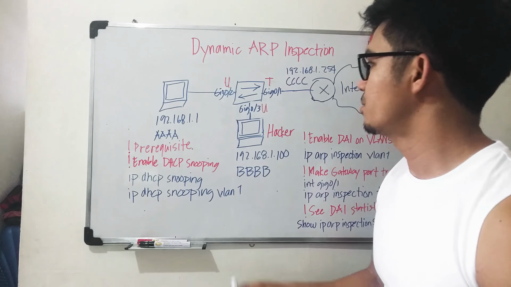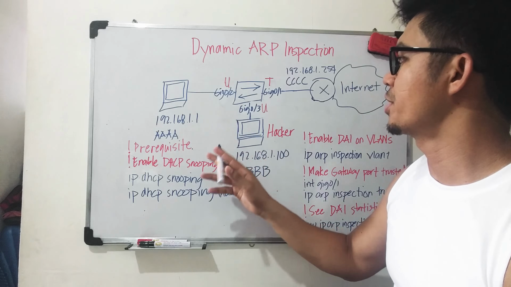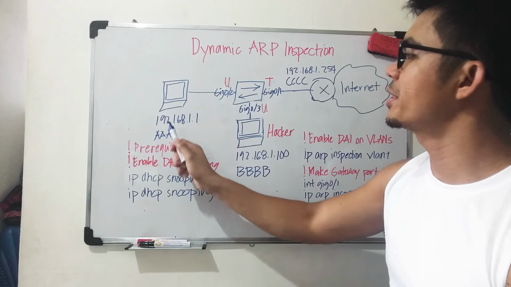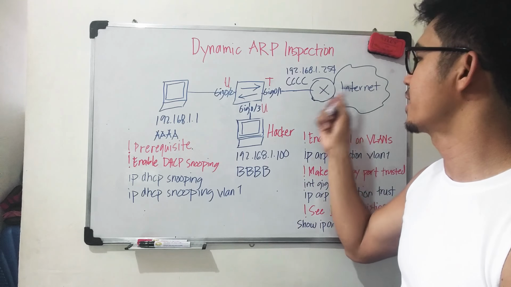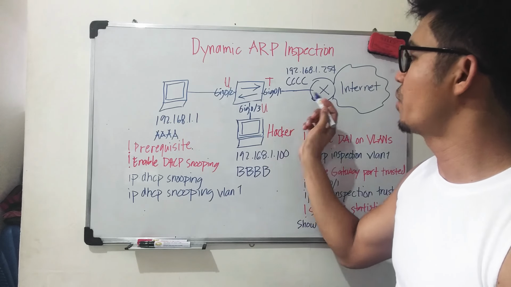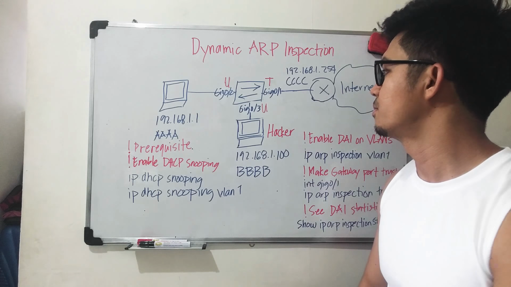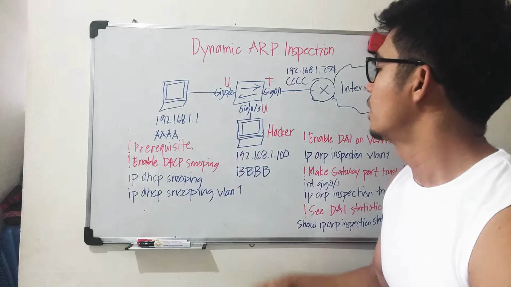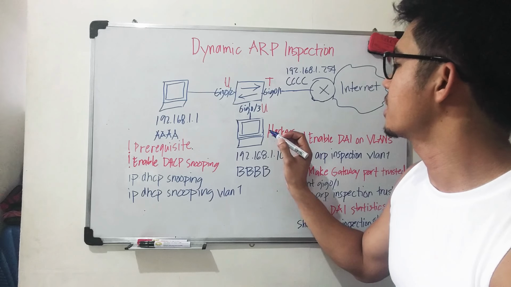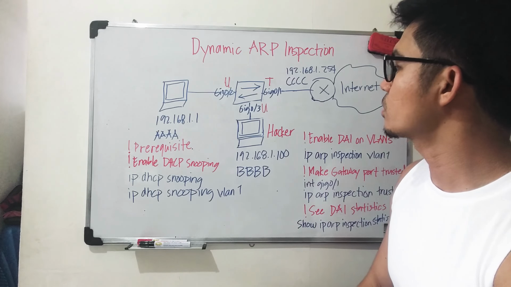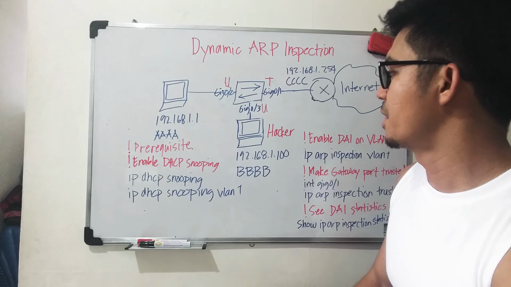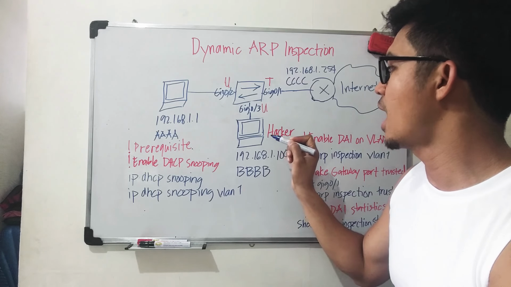So basically, let's take a look at the picture here. We have a client, a switch, a router that is connected to the internet or the gateway, and a hacker. So the hacker has his computer connected to the switch, and this hacker is going to send gratuitous ARP.